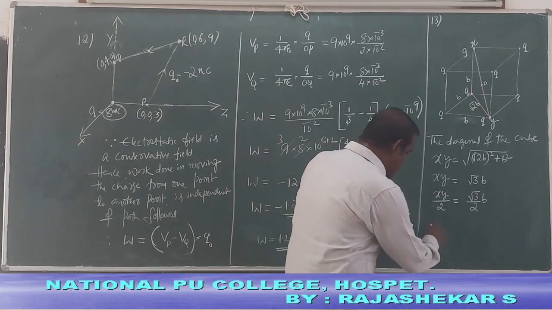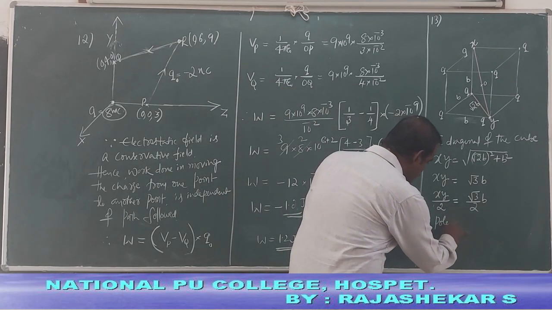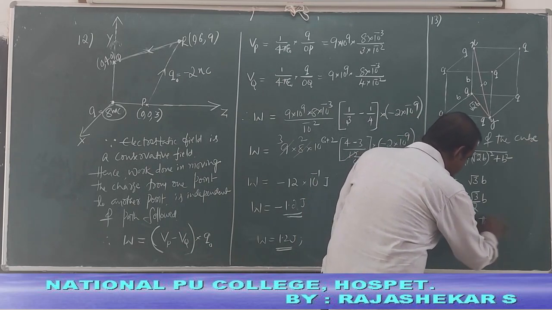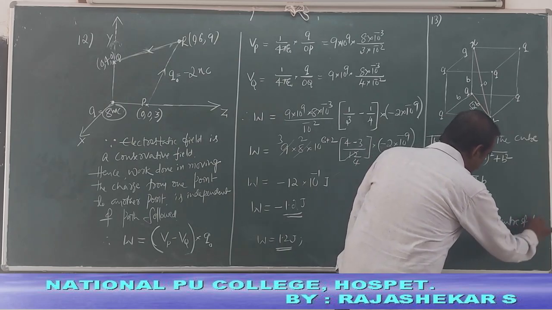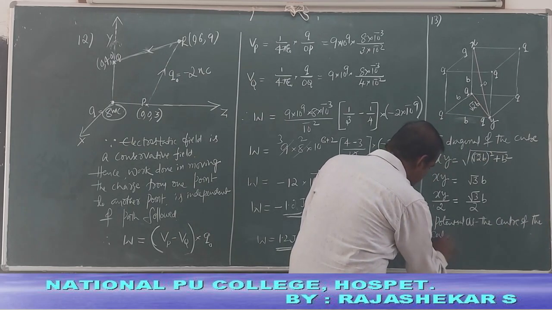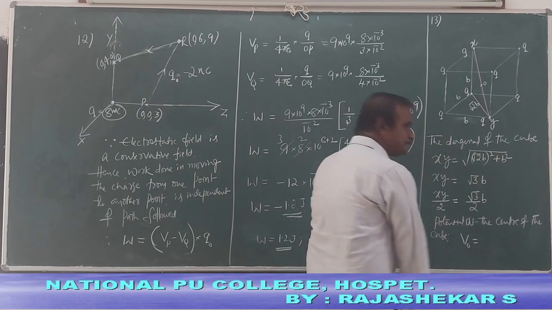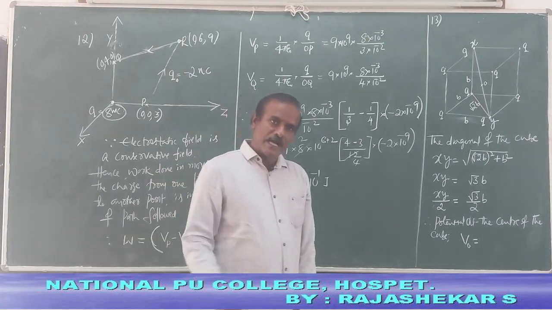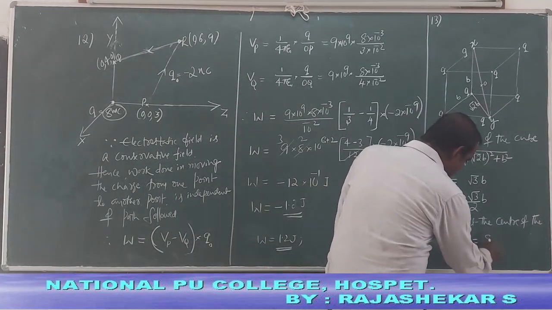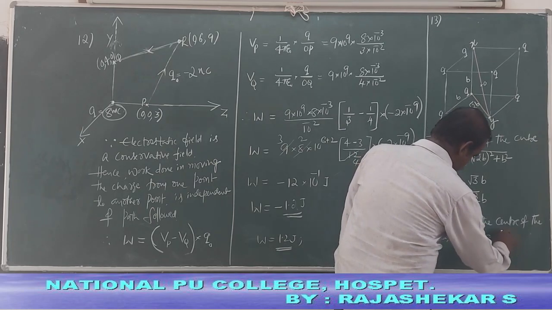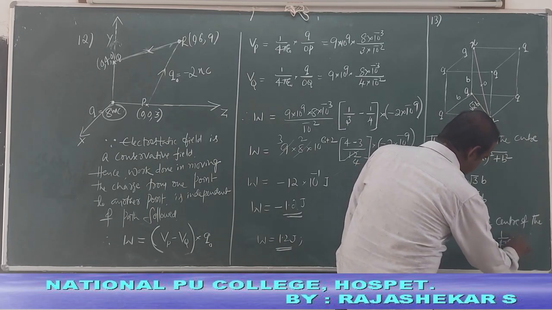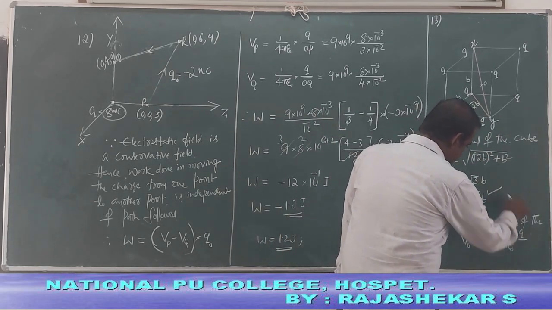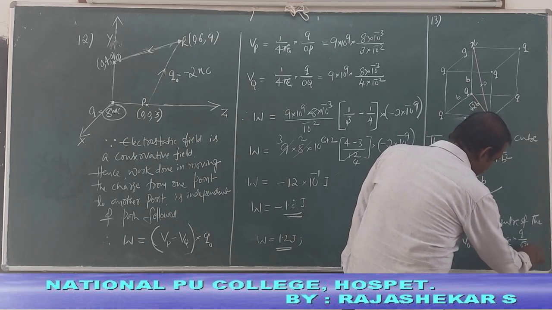Now if you want to find potential, therefore potential at the center of the cube, V0 is equal to the algebraic sum of potentials. All charges being identical and similar, they are 8 in number, into 1 by 4 pi epsilon naught, each charge q divided by distance. This is the distance, students, root 3b by 2.